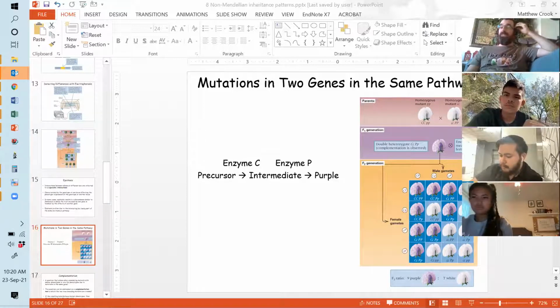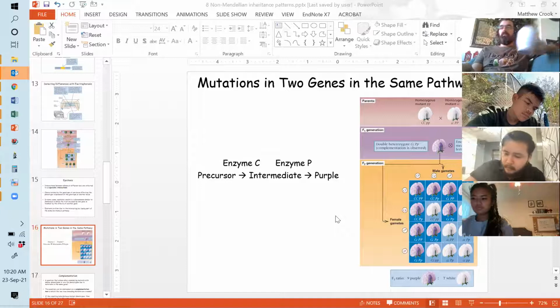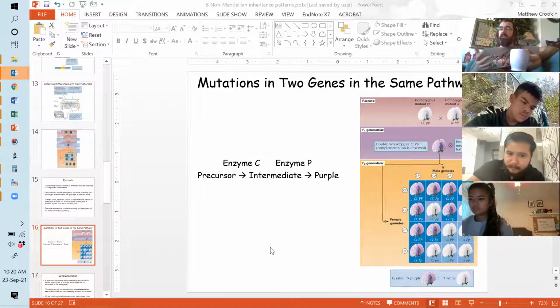So for example, in this case, we've got two enzymes which together turn some precursor into a pigment. And it's a multi-step pathway. And to be honest, most pathways, whether enzymatic or signaling or metabolic or whatever, most of those, if not all of them, have more than one step.